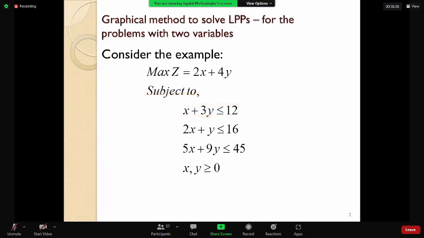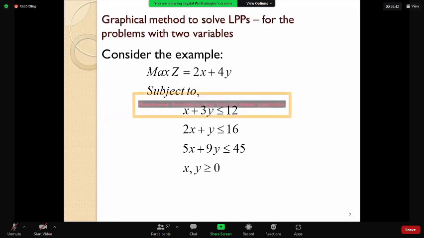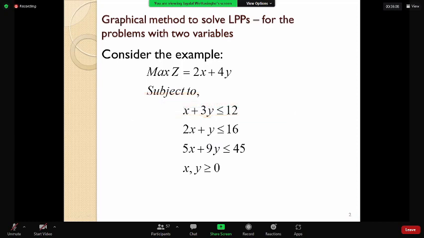From this feasible region, we have to take points of the feasible region and substitute in this objective function. When we substitute all the points, we will have a list of values for the objective function. From the list, we have to select maximum value and we have to select the x and y points corresponding to this maximum value. So that is the graphical method.